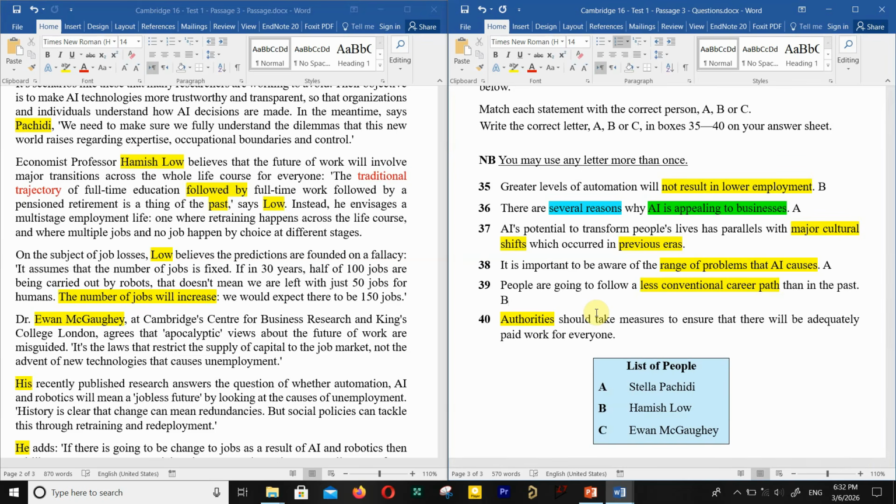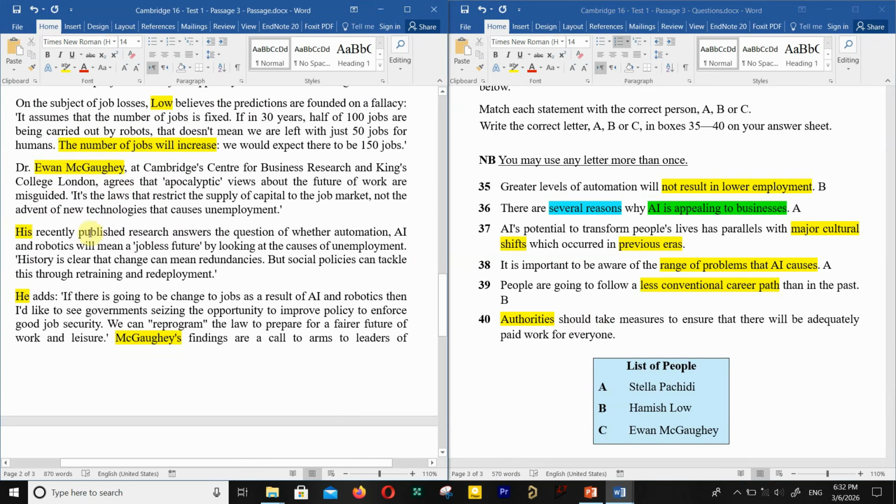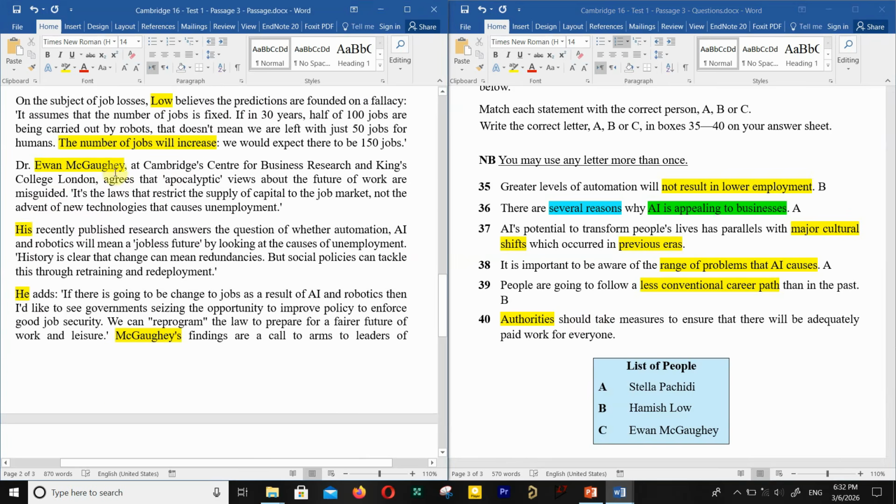And now we are left with 37 and 40. Okay, another statement. We're looking for another statement. Just Ewan McGaughey is left. So here we have, it's the laws that restrict the supply of capital to the job market, not the advent of new technologies that causes unemployment. Okay, let me just again revise these statements. AI's potential to transform people's life has parallel with major cultural shifts.